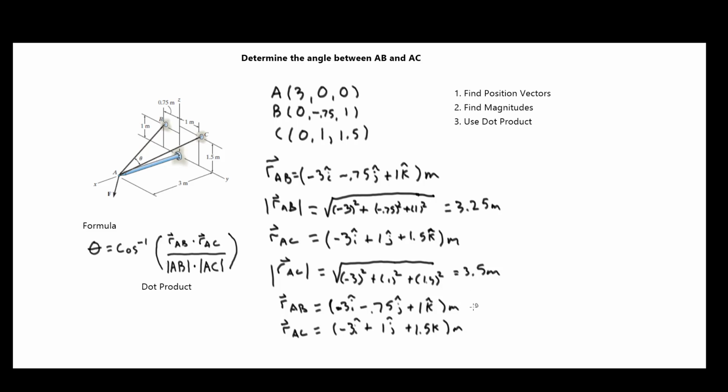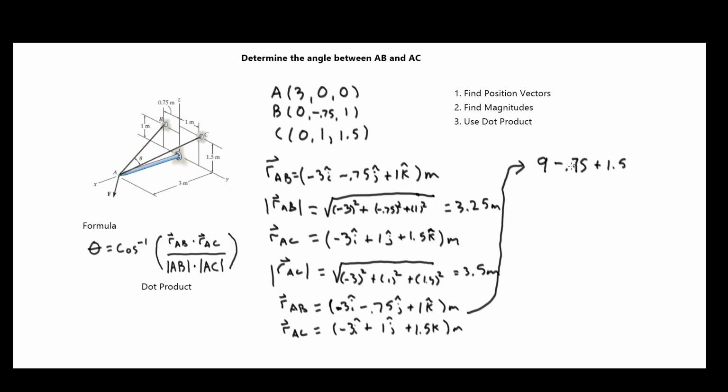Coming up here, we can multiply our I values together, so that gives us a +9. We can multiply our J values together, so that gives us a -0.75. And then we can multiply our K values together, which gives us a +1.5.